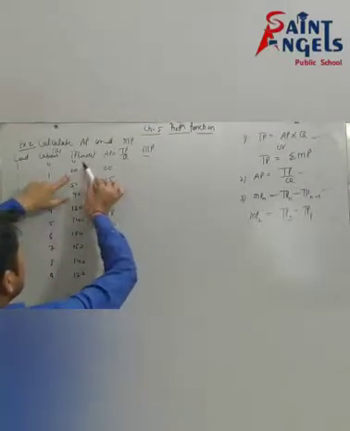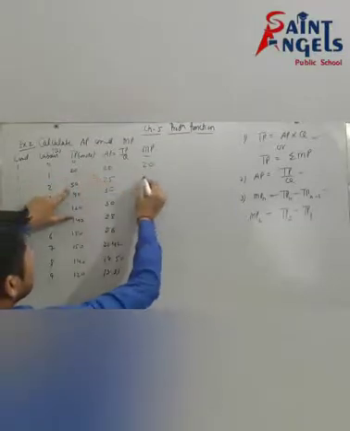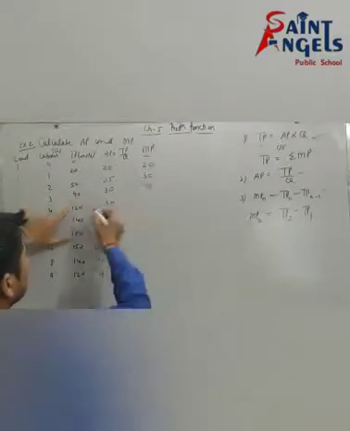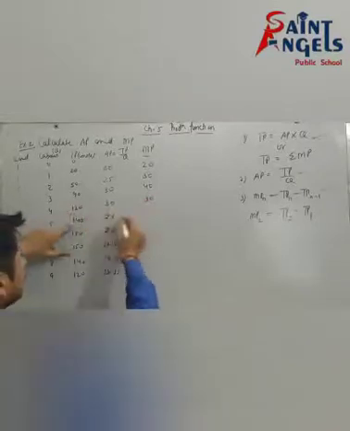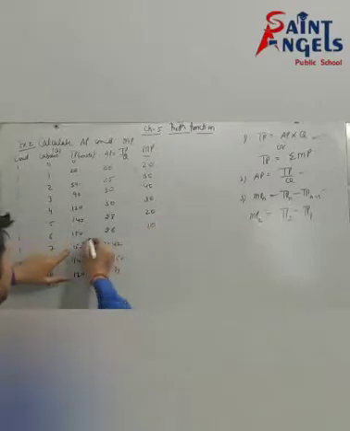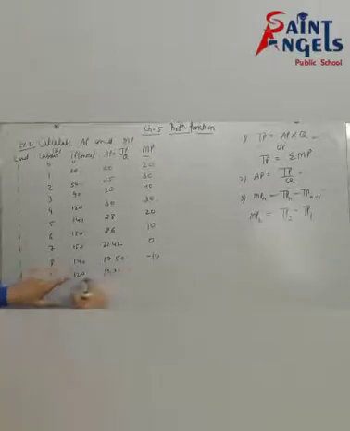After this, second minus first gives 20, then 30, then 40, then 30, then 20, then 10, then 0, then minus 10, and then minus 20. I hope all of you have understood how to calculate the value of AP and MP.